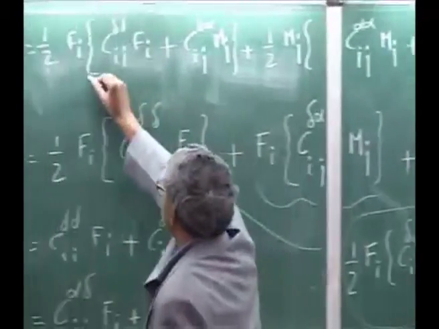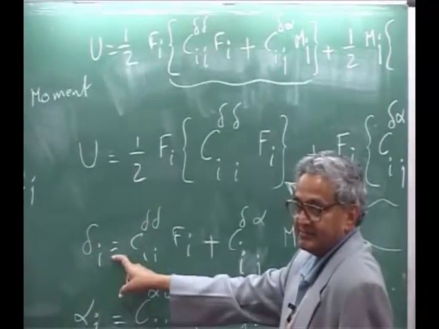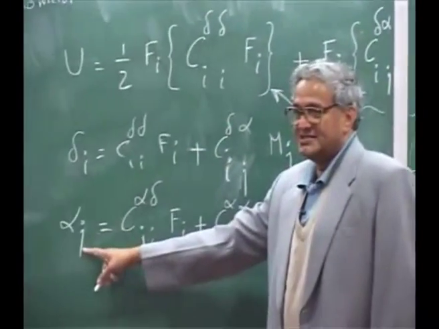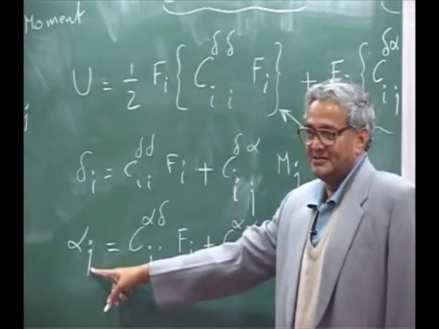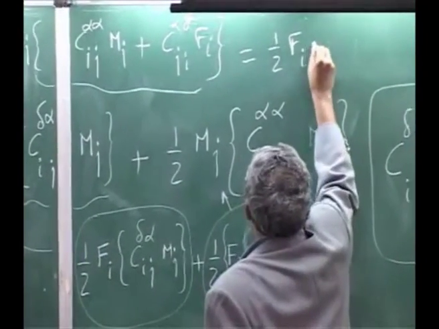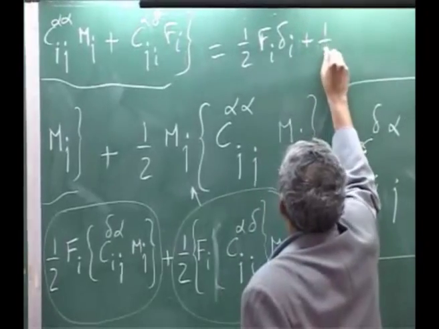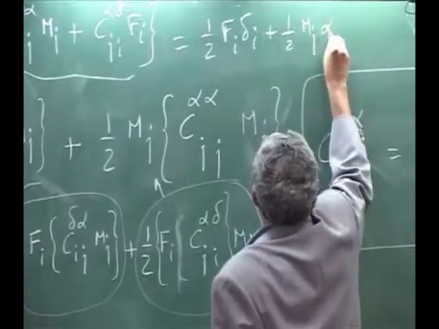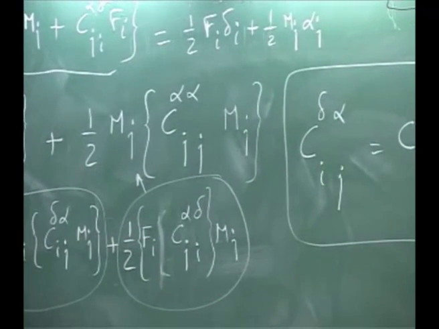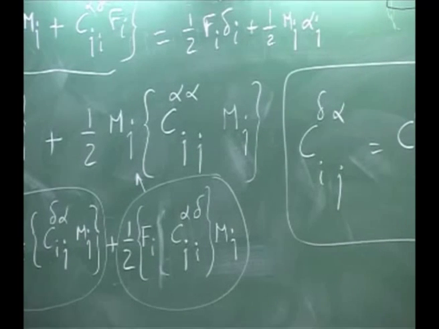Now you see this term is nothing but delta I, and this is nothing but alpha j. So this is half Fi delta I plus half Mj alpha j. Now you see, in that form of expression, it is the load and the total deflection at the point of application of the load, and half.